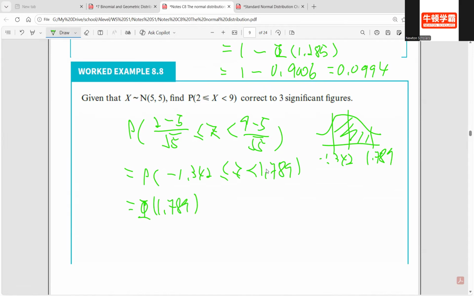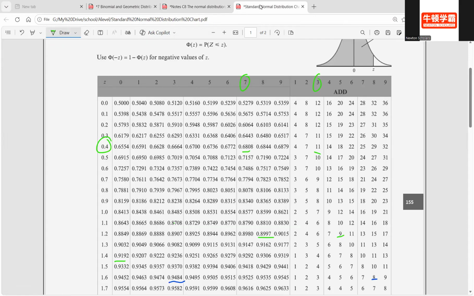Okay, this side. For this one, if you still remember, I have to use 1.789 minus this one, negative also, so minus 1, change it back to 1.342. So when you change it back, we start to find 1.789.